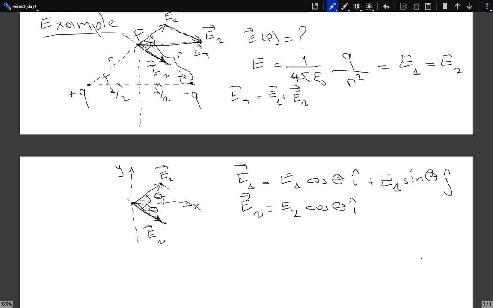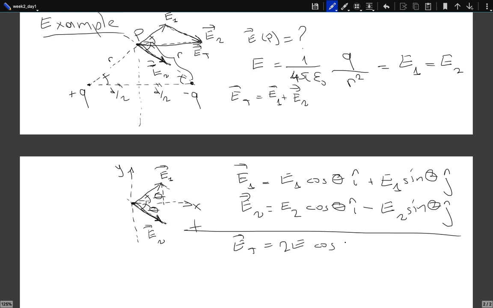The vertical length is pointing downward in the minus y direction, minus j direction. So it's minus E2 sine theta j. Well, if you sum them, and keep in mind that these two are the same. You see here, we know that the magnitudes are the same. If we sum them, these will just cancel. The total electric field is twice E times cosine theta.